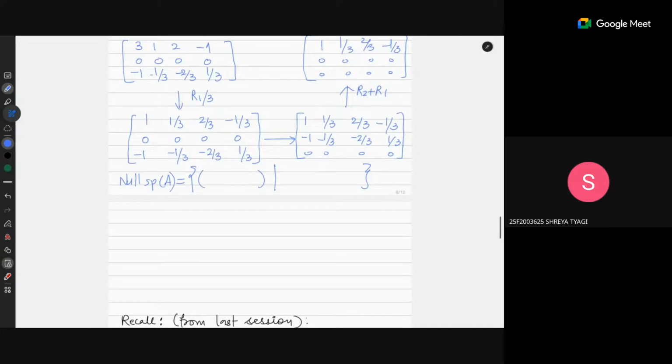It will be minus 1 by 3 x2, minus 2 by 3 x3, plus 1 by 3 x4. That is the x1 coordinate. What about the rest of the coordinates? That will be x2, x3, and x4 because they are independent.